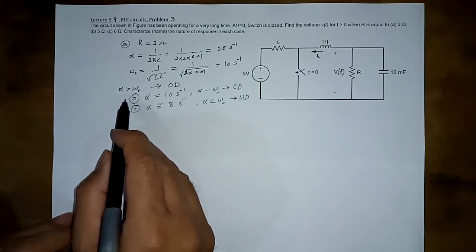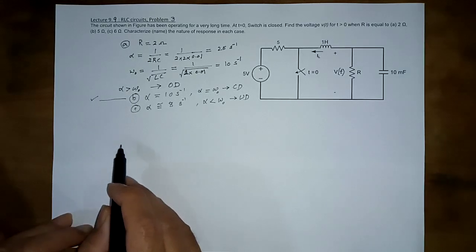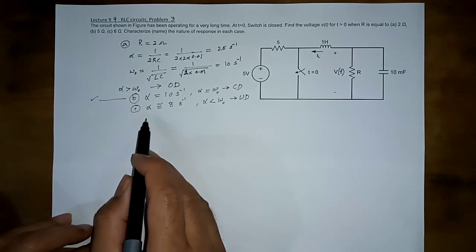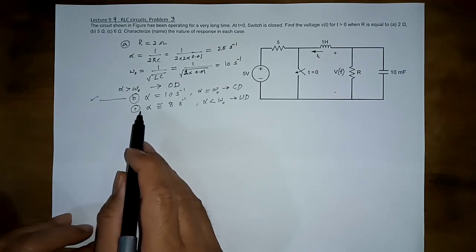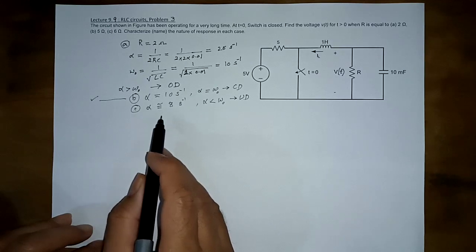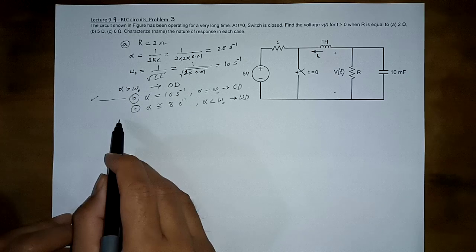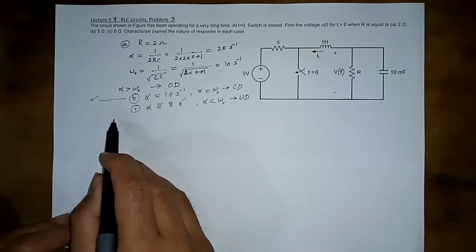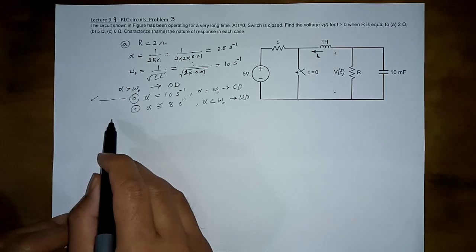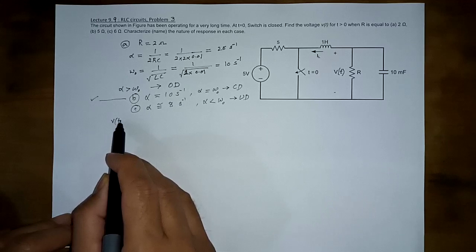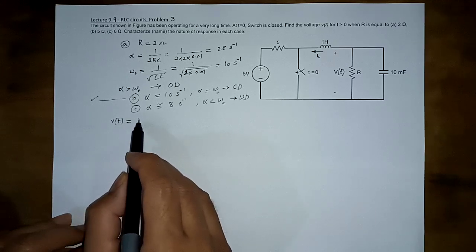So let me take this and solve for a critically damped, because in the previous two problems I have solved for overdamped and underdamped. Let us solve for critically damped here. So here, when the circuit is critically damped for R equal to 5 ohm in a parallel RLC circuit, the expression for v(t), the voltage across each component, is the same.